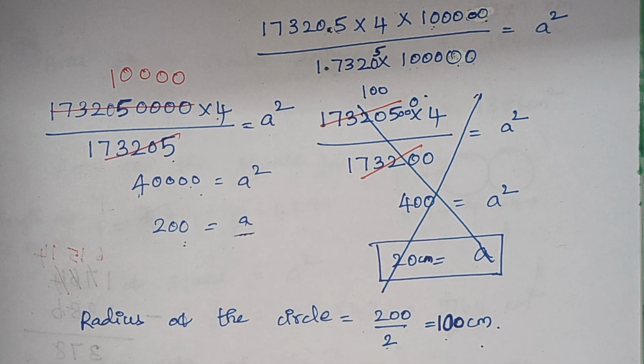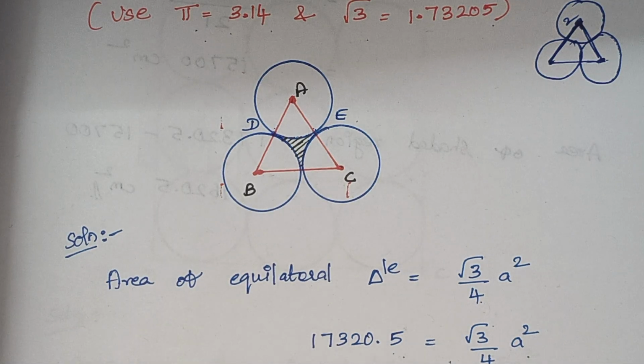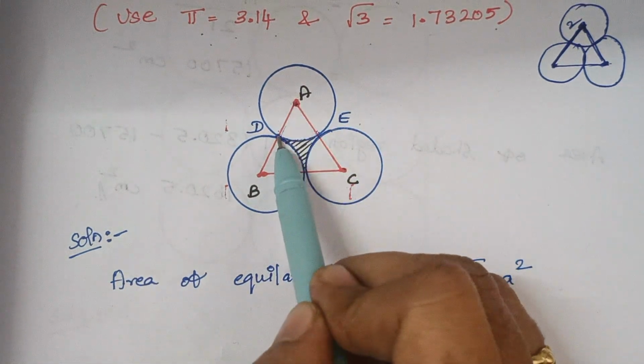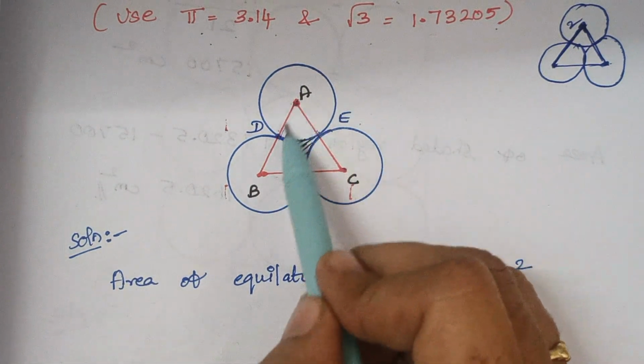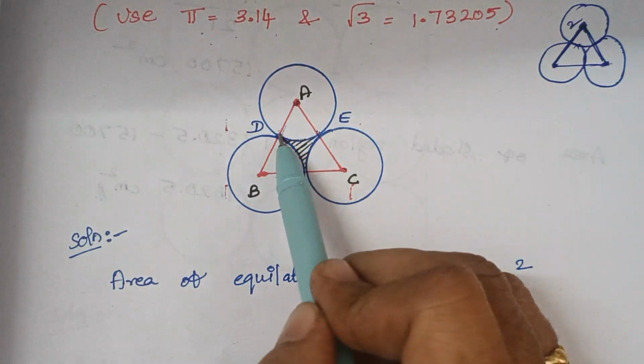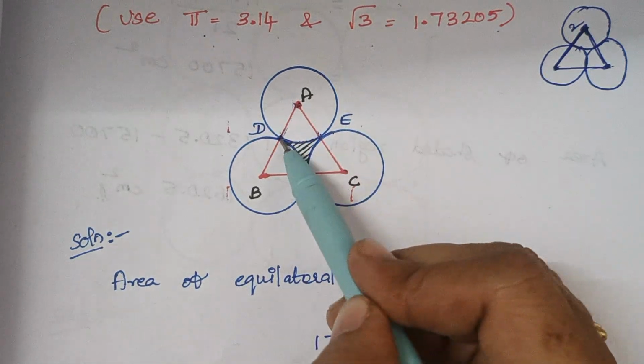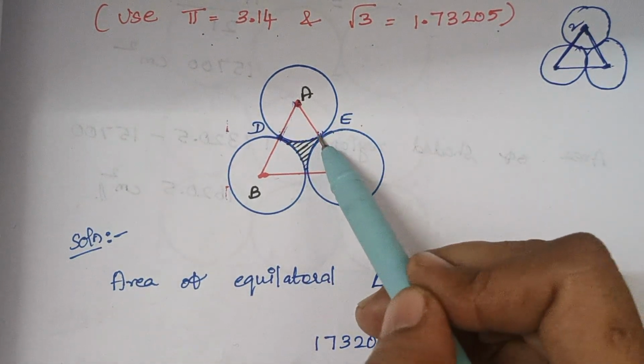Now we have calculated the radius of the circle. When you look back at the diagram, we have calculated these radii. If we know these two values, we can easily calculate the area of the sector. This is 100 centimeter and this is again 100 centimeter.